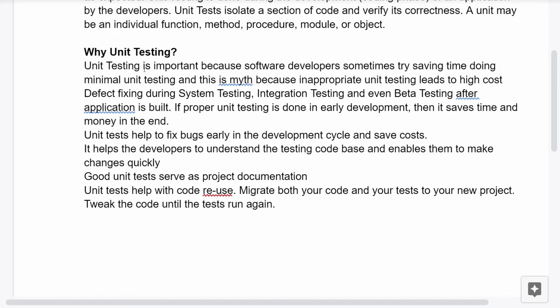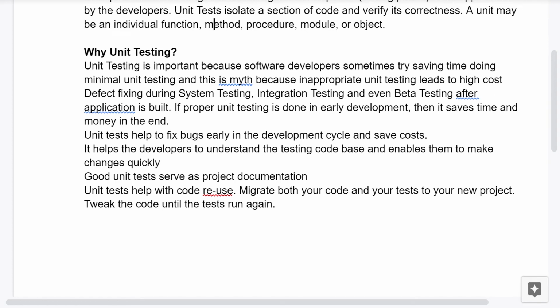So what is the scenario here? If the developers are not doing unit testing and directly give the build to QA, then QA is doing system testing, integration testing, and more types of testing.